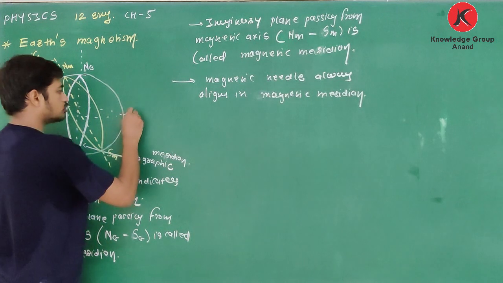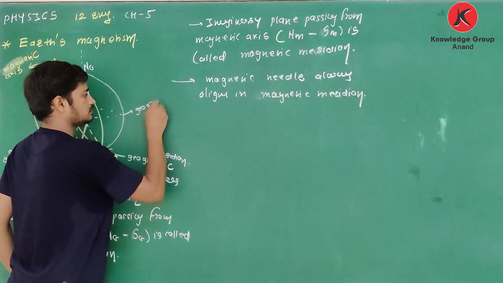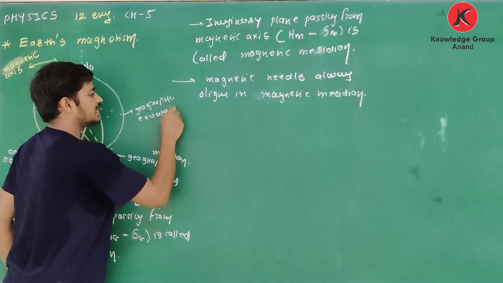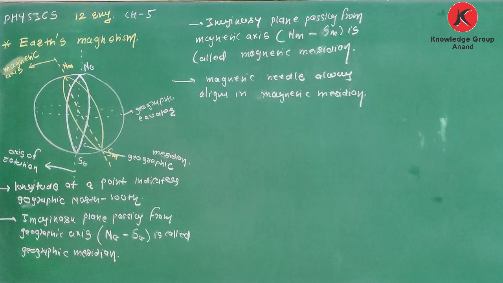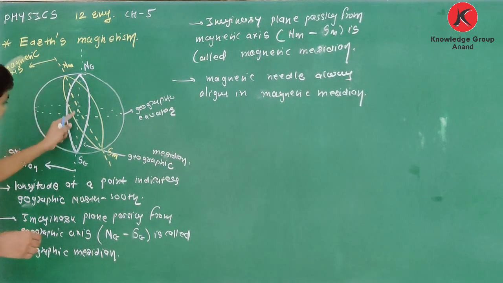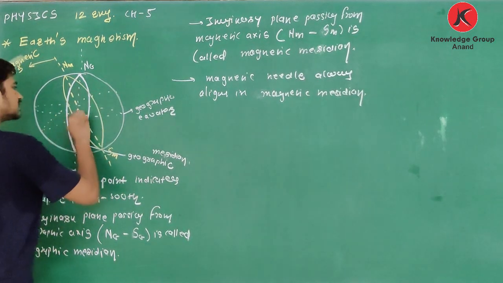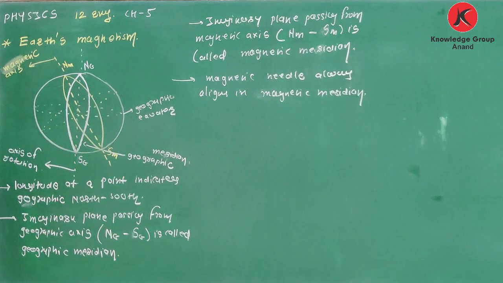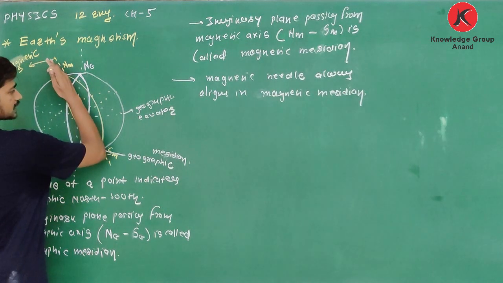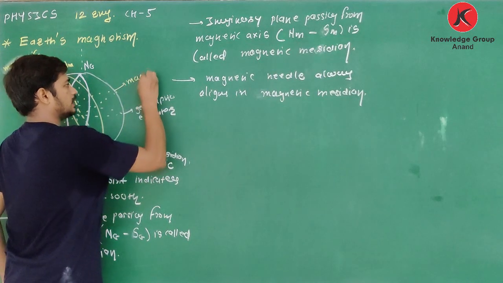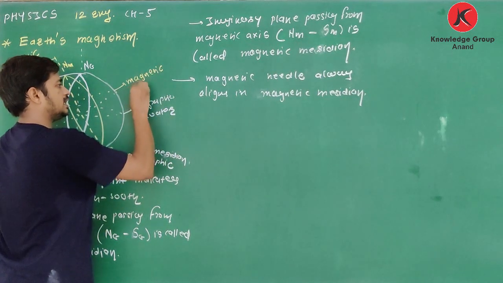Similarly, a plane which is perpendicular to this magnetic axis is called the magnetic equator. See, this is the magnetic axis, so one plane normal to it is called the magnetic equator.